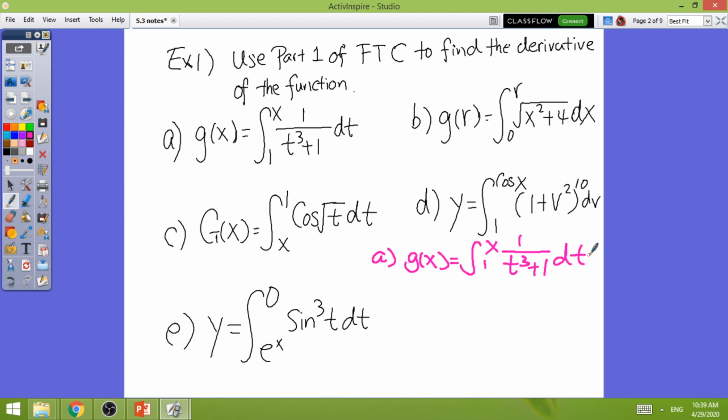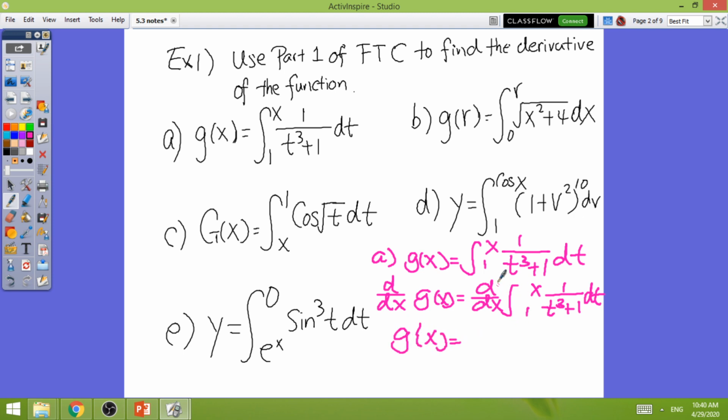Taking the derivative means we take d over dx on both sides. Once you take the derivative, the integral sign and the derivative symbol just cancel. So this turns out to be g prime of x. Once this cancels, we just have the original integrand remaining.